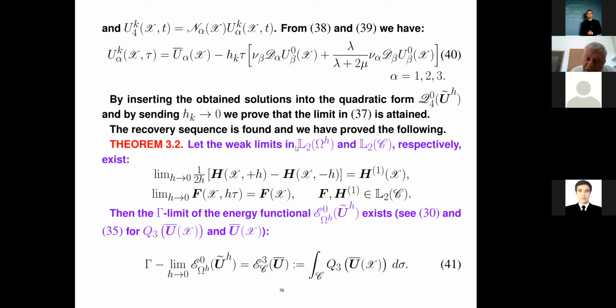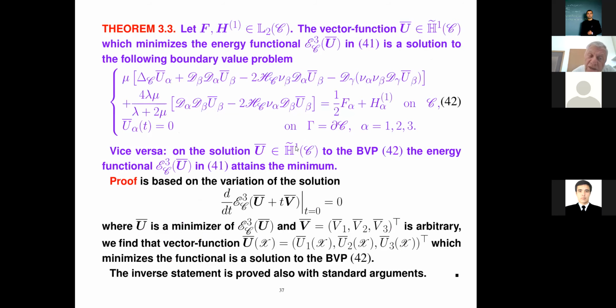And the function given on the lateral surface should also have a limit when the thickness goes to 0. These are natural conditions. Under these conditions, the gamma limit of our energy functional is this functional, which I showed you, E3, which gives you this boundary value problem, which I also showed you.